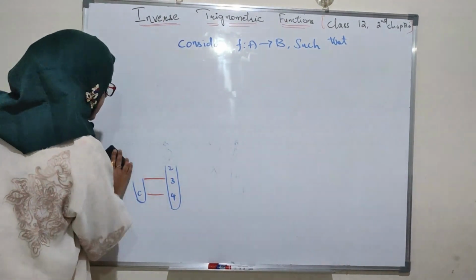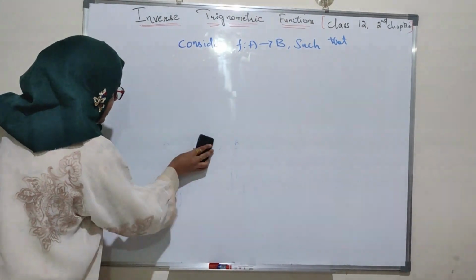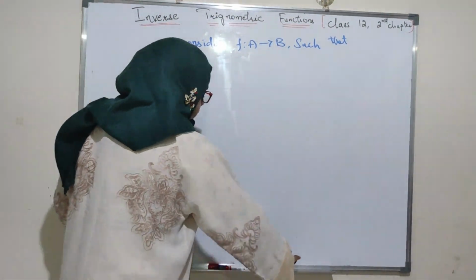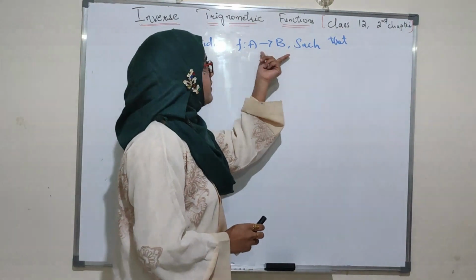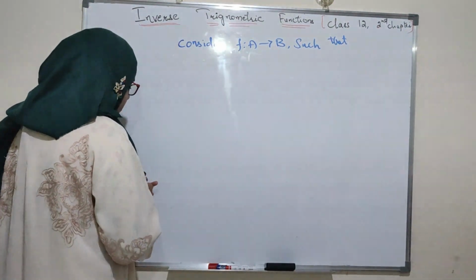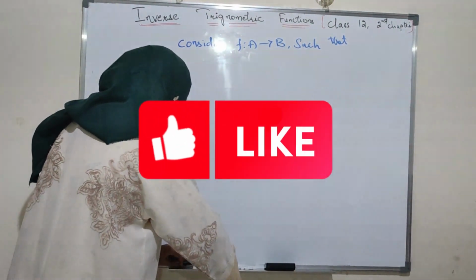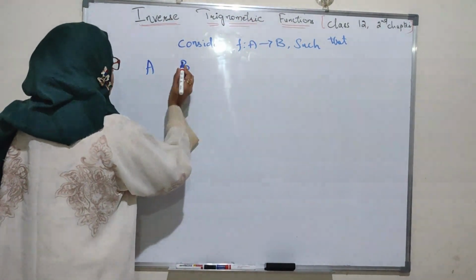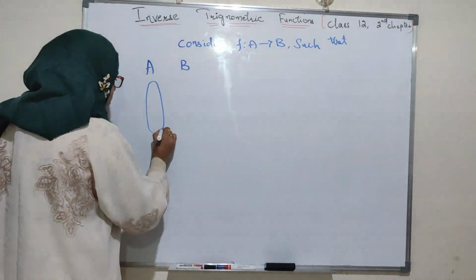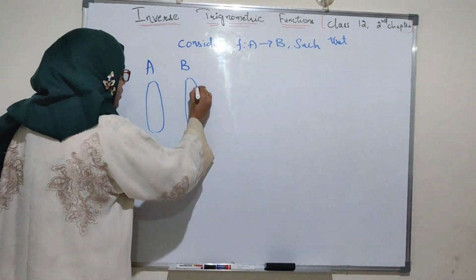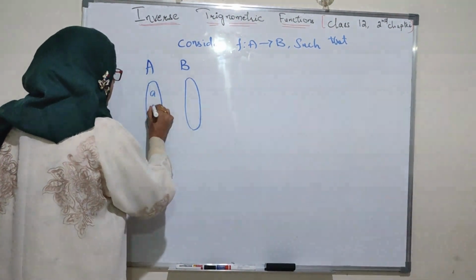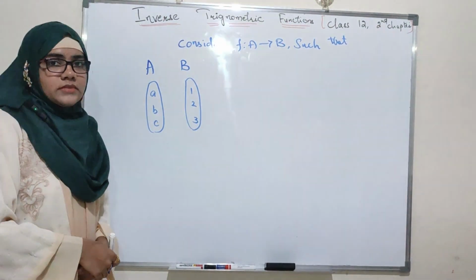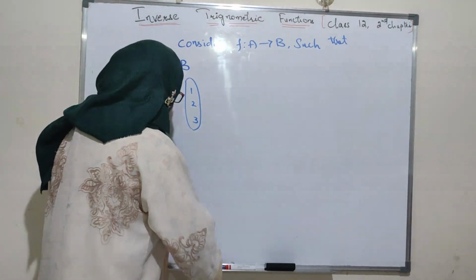Now consider a set A and a function f from set A into set B. Here we have two sets, A and B. Now we can connect them.